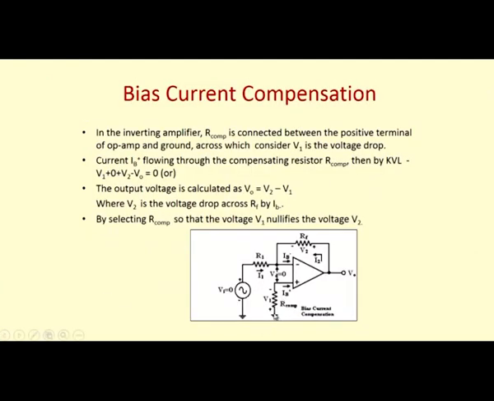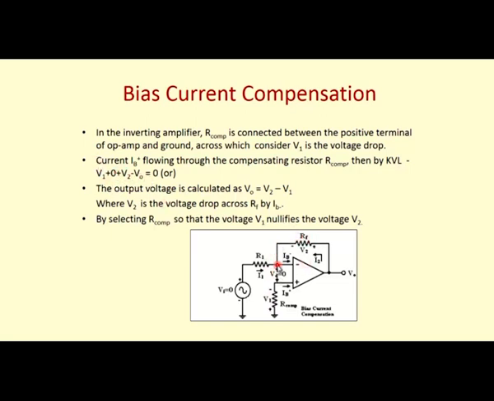From the ground terminal we apply KVL, so this is V1 plus 0 plus V2 minus V0 is equal to 0. So, you have to apply KVL from this node to this node.